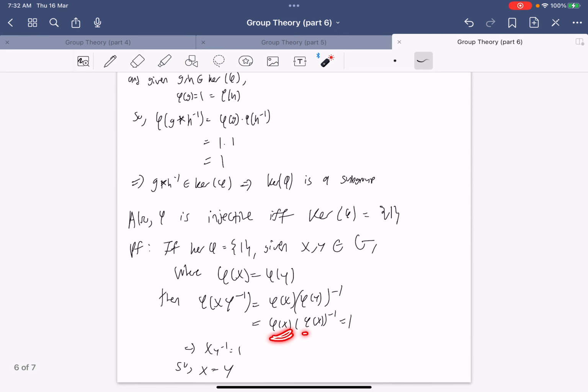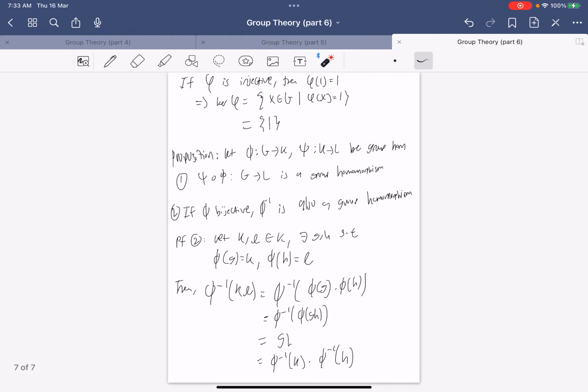So phi of x times phi y, but phi of y equals phi of x over here, so this is just phi x times phi x inverse, which has to be 1. And since the kernel is trivial, x times y inverse equals 1, which implies that x equals y. Hence, phi is injective. And conversely, if phi is injective, then we already know that phi of 1 equals 1, meaning that the kernel of phi must equal only 1, since it's a unique element.